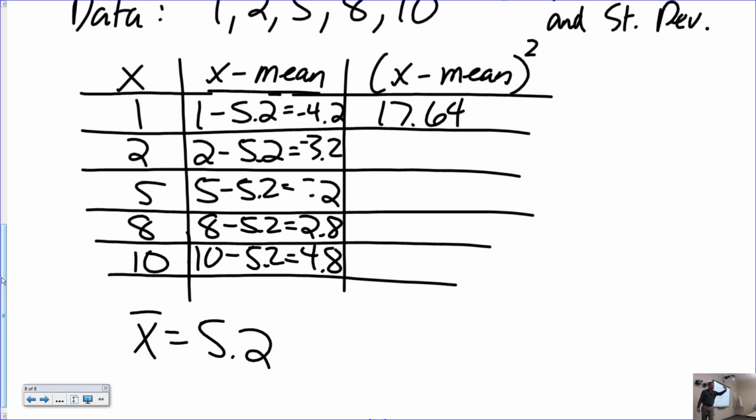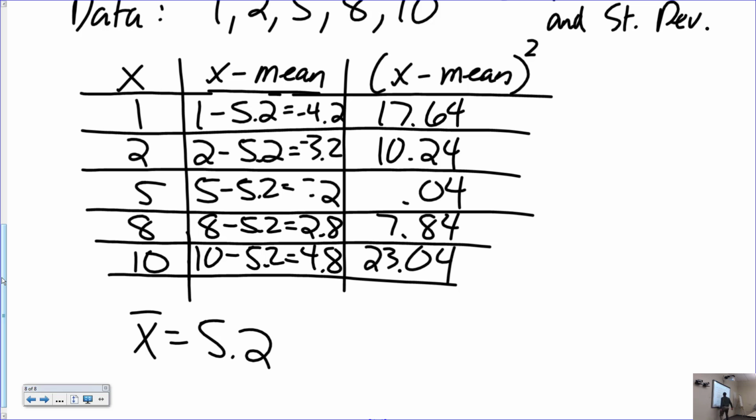Now do the same thing for 3.2. 10.24. Now 0.2. 0.04. 2.8. 7.84. And last but not least, 4 squared. 16.